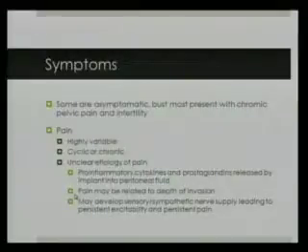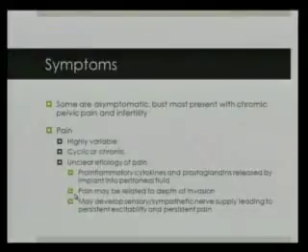So some symptoms. So it's very variable. You're going to see patients that have almost no symptoms to severe symptoms, and it doesn't always correlate with what you'll see on laparoscopy. So some people are asymptomatic, like I told you about the difficulty of figuring out how many people actually have this disease. But most do present with chronic pelvic pain and infertility. So it can be cyclic or chronic pain.